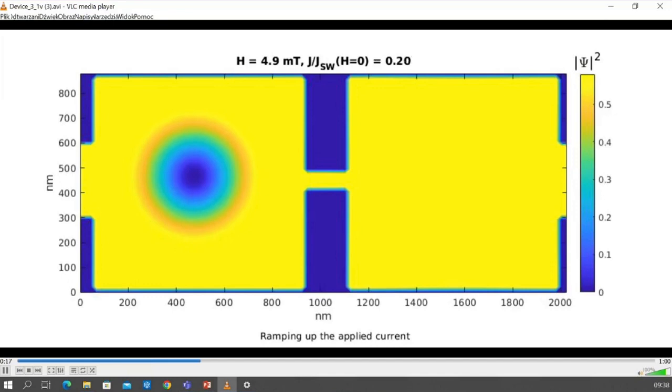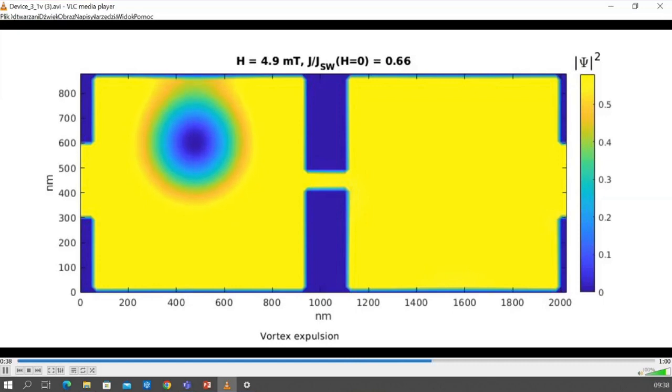Look what happens to the vortex. We start tilting the energy potential, and the vortex slightly goes to the side. You see it's displaced from its initial position. We still go up with the current, and it's shifted, but it doesn't go away. And at some point, we keep constant current, and it goes away.